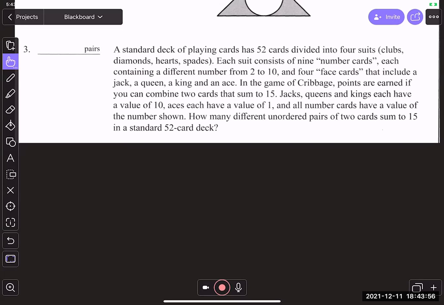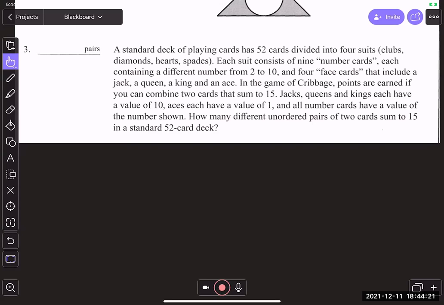In the game of cribbage, points are earned if you can combine 2 cards that sum to 15. Jacks, kings, and queens each have a value of 10. Aces each have a value of 1. And all number cards have a value of the number shown. How many different unordered pairs of 2 cards sum to 15 in a standard 52 card deck?